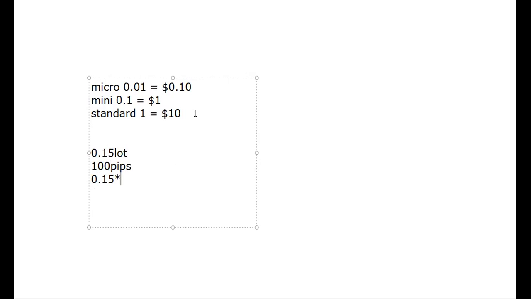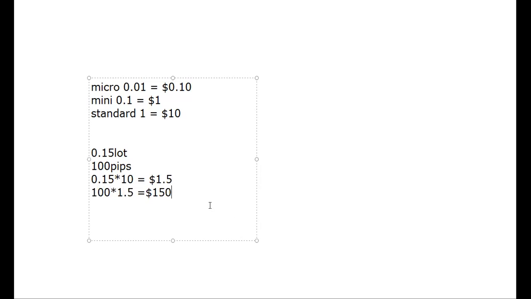Multiply by 10 equals $1.5. So 100 multiplied by 1.5, that's $150, if I'm not mistaken. That's just how it works.